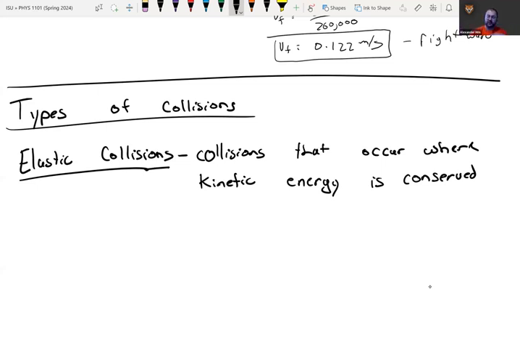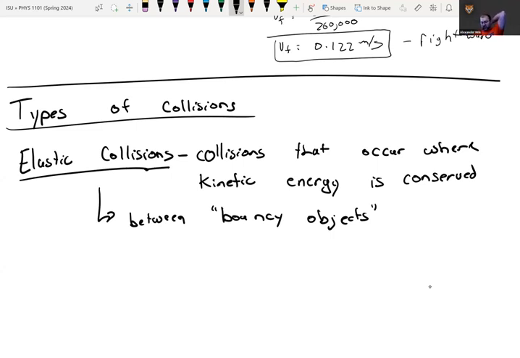So typically elastic collisions occur between bouncy objects.